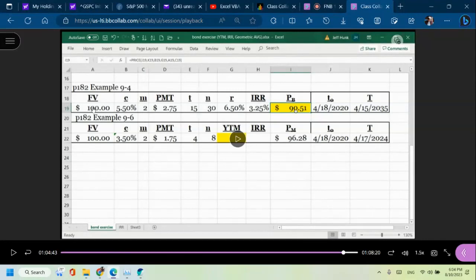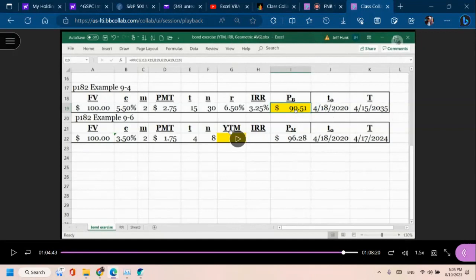It's a percentage now. Although there is a dollar sign here, ignore the dollar sign, because the price is entered as a percentage of the face value. Face value is $1,000, and that's 100% of the $1,000 face value. So all the prices are expressed as a percentage of the face value.